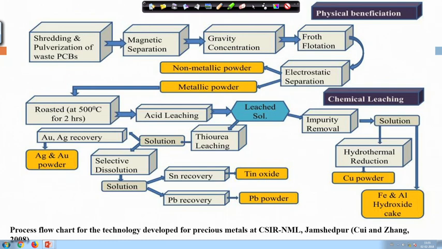Some of these chemical processes we will talk about in more detail. The physical processes are the same as those used for other things as well. They have been used for many years for municipal solid waste recycling. Chemical processes are also not new. They are used in the chemical industry for different applications, in chemical refineries and metal refineries, and have been for many years. It is just the application of those processes to the electronic waste stream that is the new part.